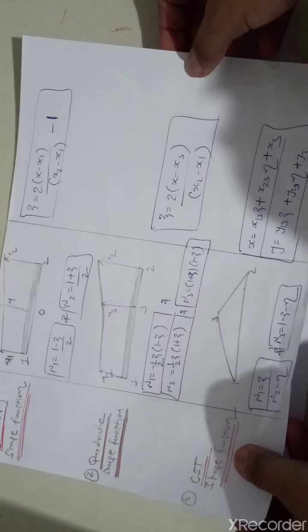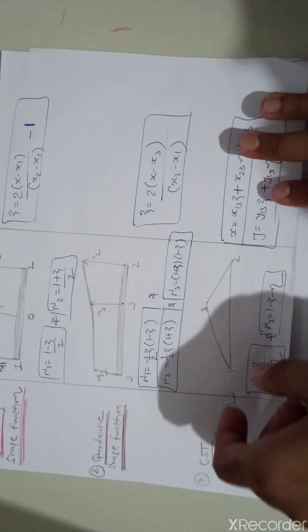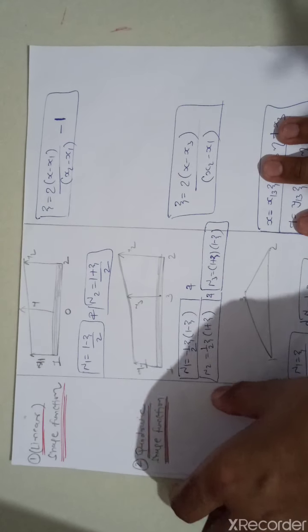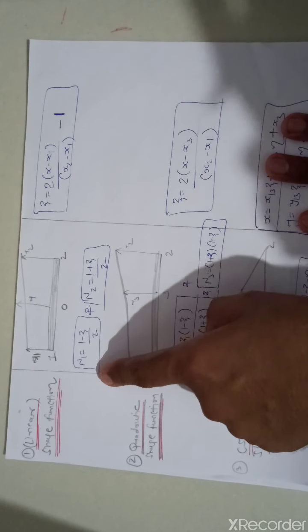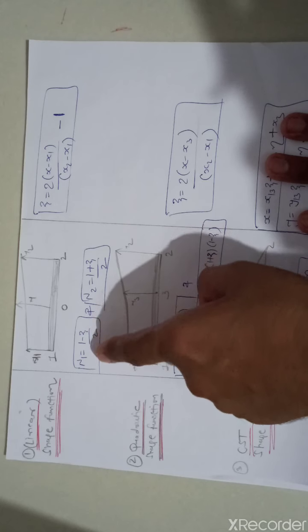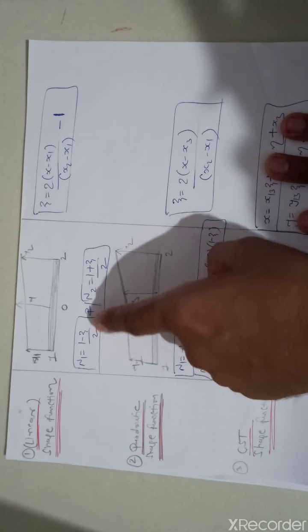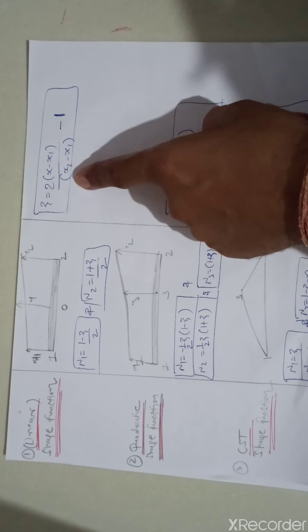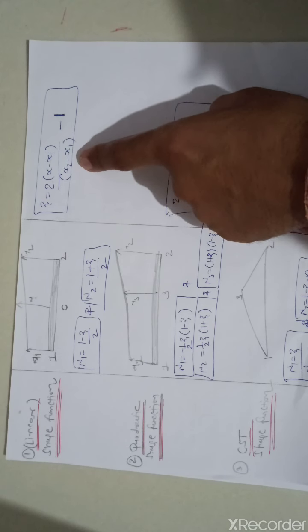So here we consider 3 cases. First is the linear shape function. Here shape functions are given by these two equations, and the relationship between local and natural coordinate system is given by this equation.